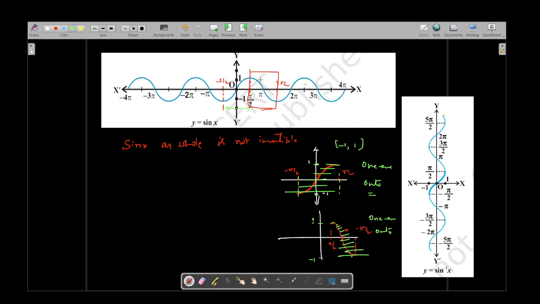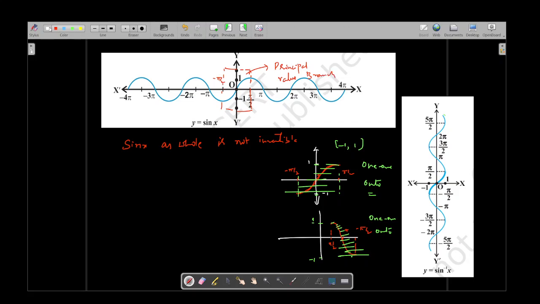So there are many branches like this where the sine wave is invertible. While considering, we'll take one main branch, that is from minus pi by 2 to pi by 2. This branch where sine is invertible, we usually consider, and we call this the principal value branch.